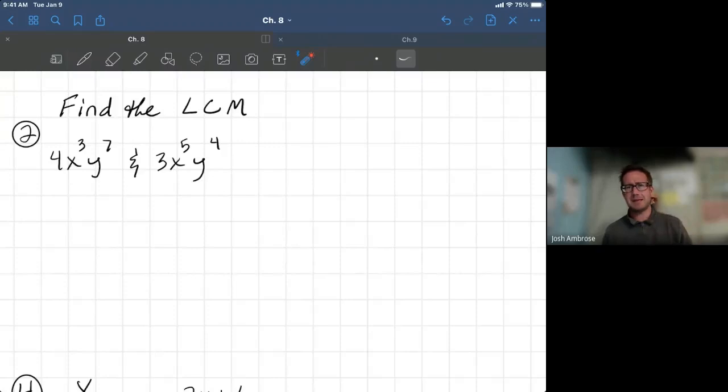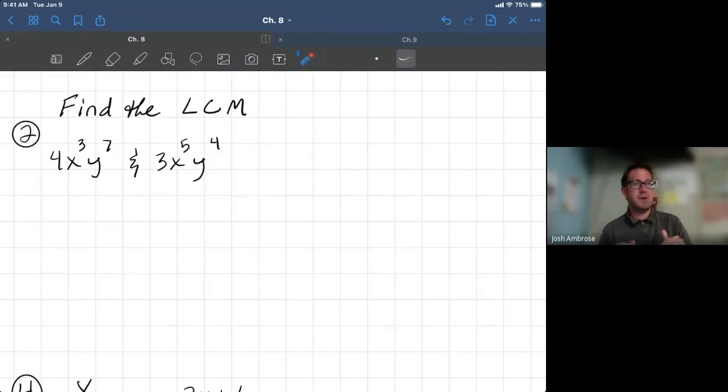LCM, least common multiple. And what you're actually looking at, even though I think it's a little backwards here, you hear the word least, you think it's got to be smallest, but being that I just said it's backwards, you're actually looking for the biggest possible thing that they could both fit into perfectly. Okay, well, let me rephrase that.